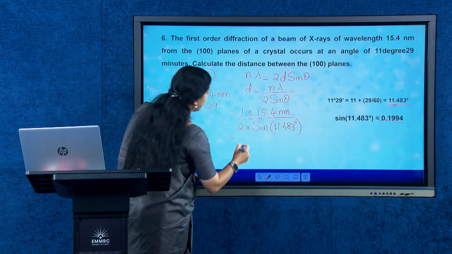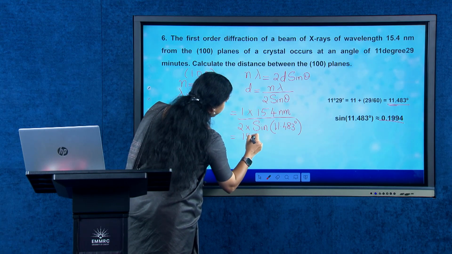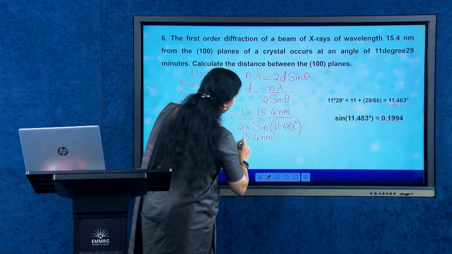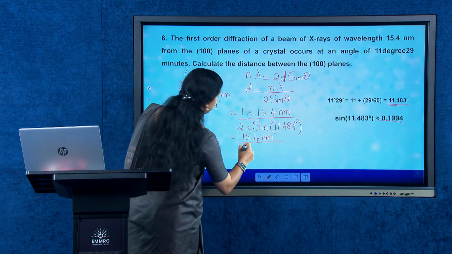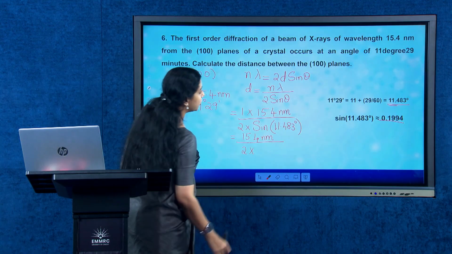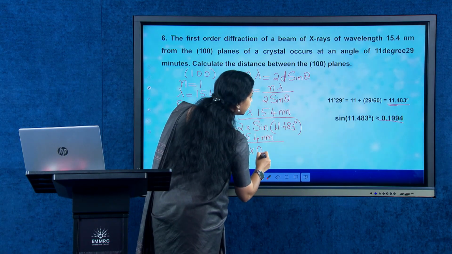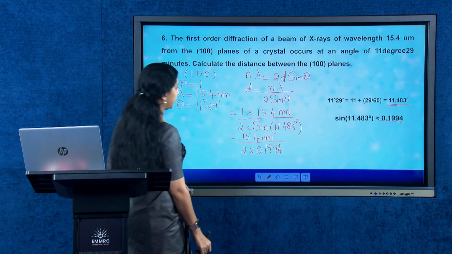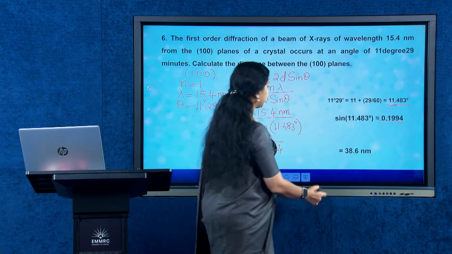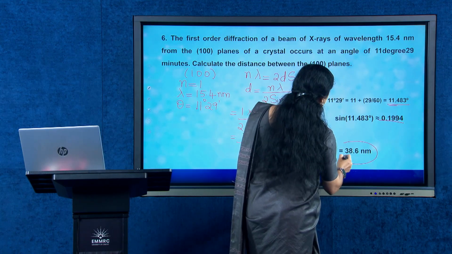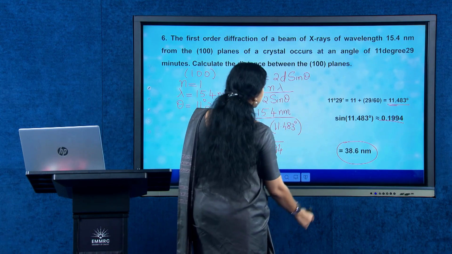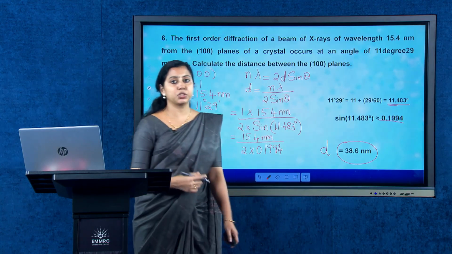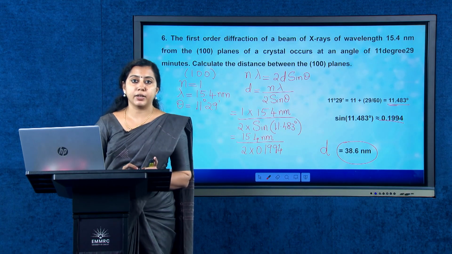So, substitute that value. So, that will be equal to 15.4 nanometers divided by 2 into 0.1994. Okay. So, this will give rise to 38.6 nanometers. So, the distance d can be calculated using this equation and the answer is 38.6 nanometers.